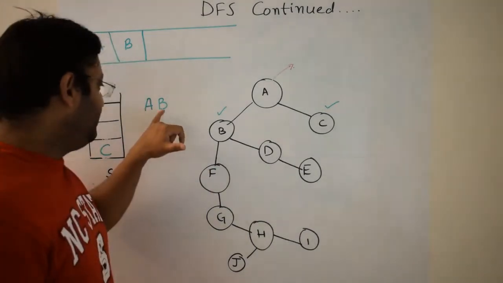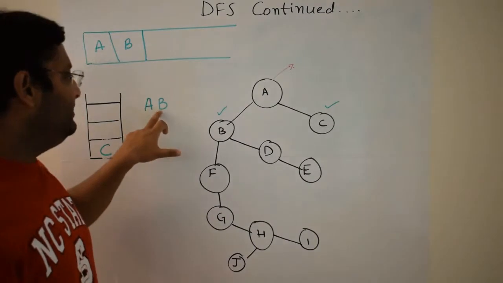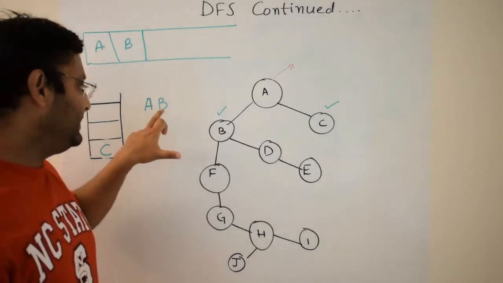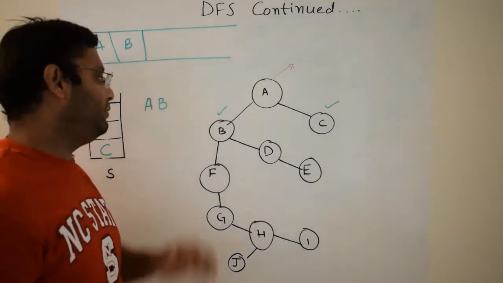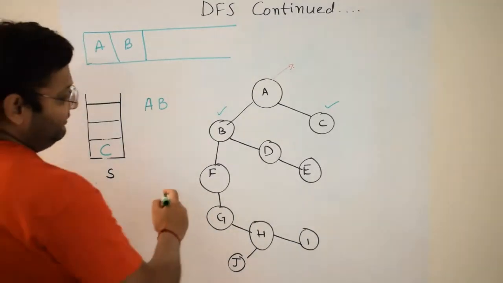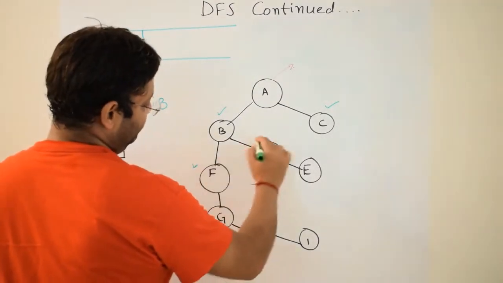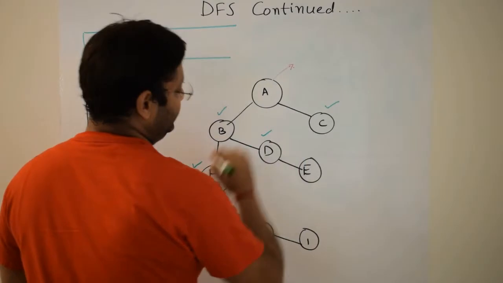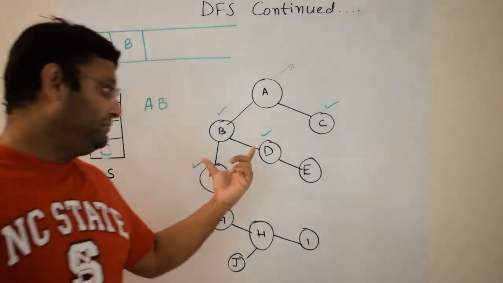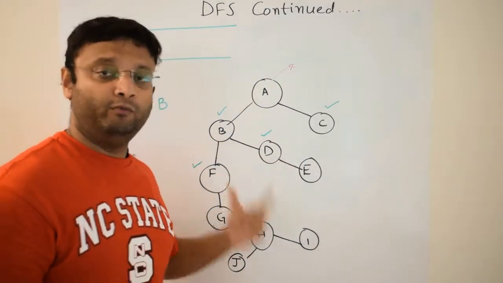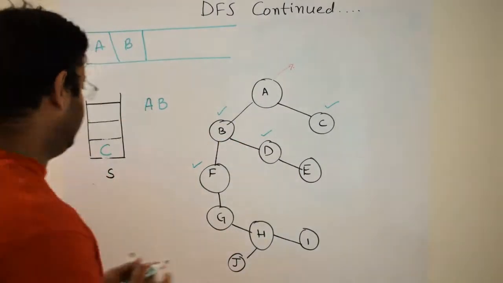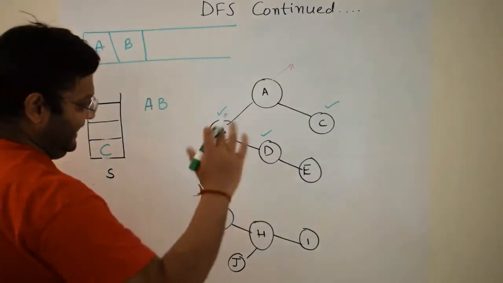Correct? So now B is out and again we'll apply the same concept which we applied when A was popped out. What are the neighbors of B? F and D. Have they been visited before? No. So push them onto the stack, again in any order as you like.